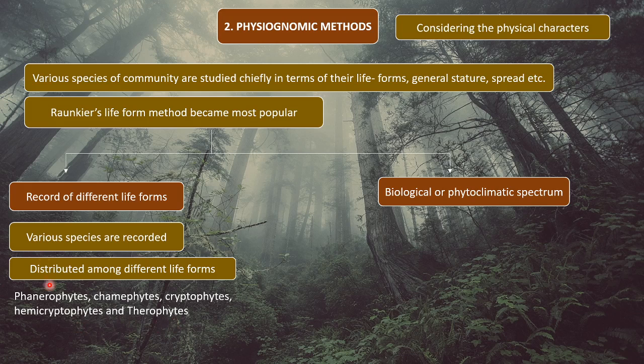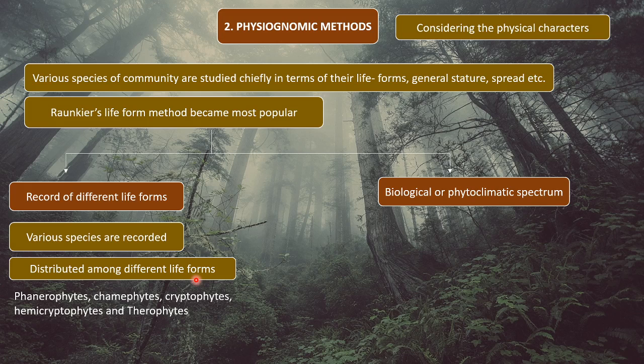So what is the first step in the physiognomic method? We have to record the different life forms present in an area. Various species are usually present in an area, so all of those species are recorded. We list down those species, and those species are then distributed among the different life forms. Say for example, in an area there are neem trees present.